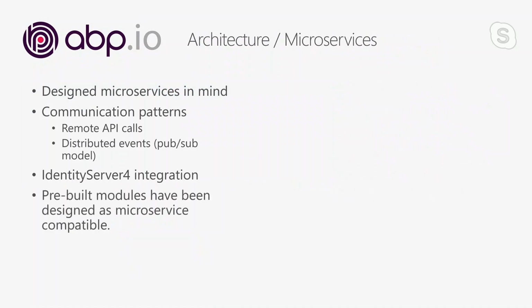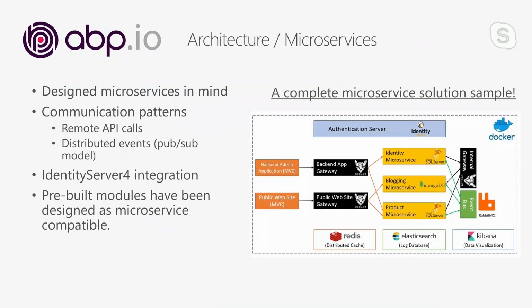Pre-built application modules are designed so that they can be deployed to separate servers or containers with their dedicated databases as independent microservices. We have also created a complete microservice solution sample and documented it to be a reference model. You can check it on the website.